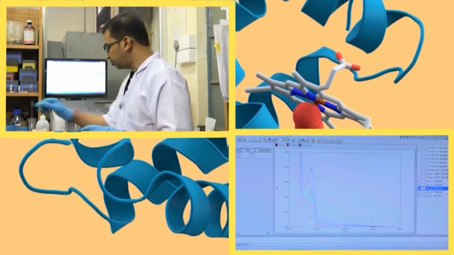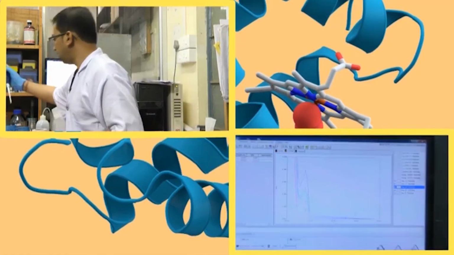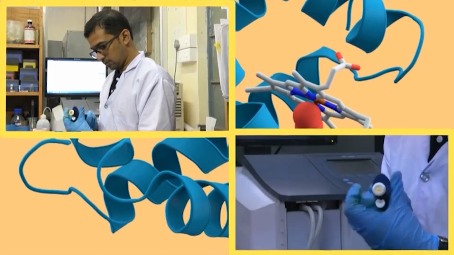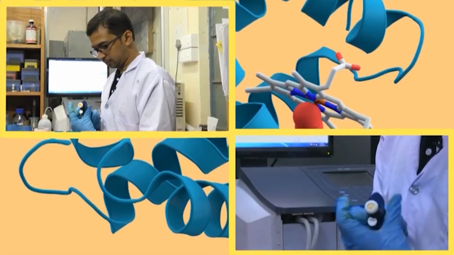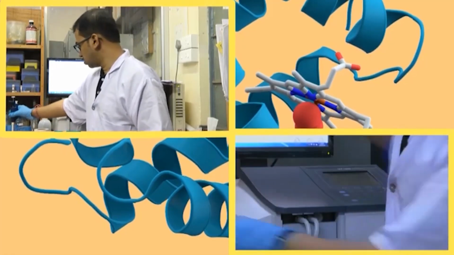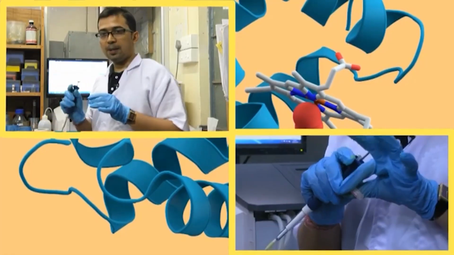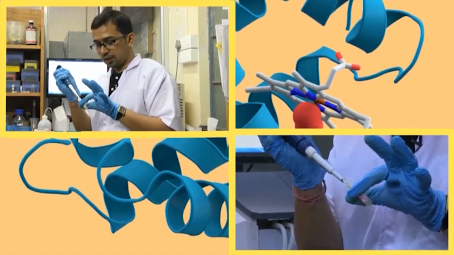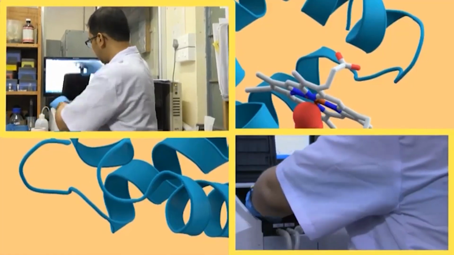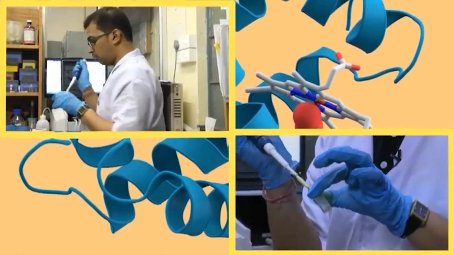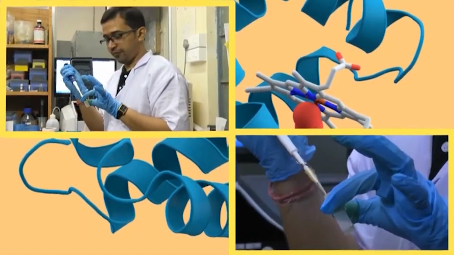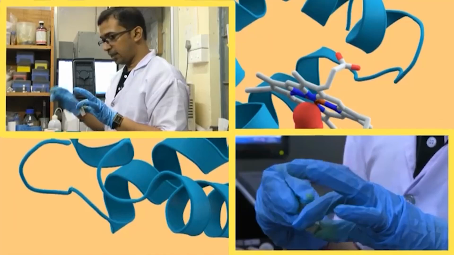Fine. Now, the last thing for the control is another 20 microliter. Initially, it was 30 microliter in total, and I am adding 20 microliter, which brings the final volume to 50 microliter of HSA. While calculating the concentration of HSA, please note to take the final volume.